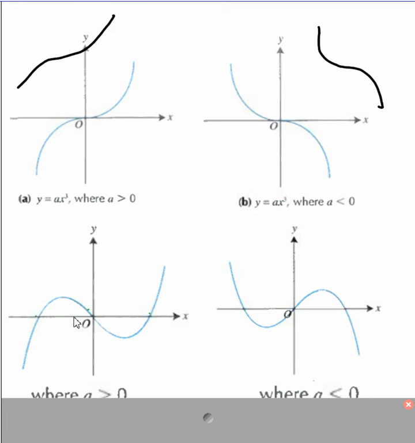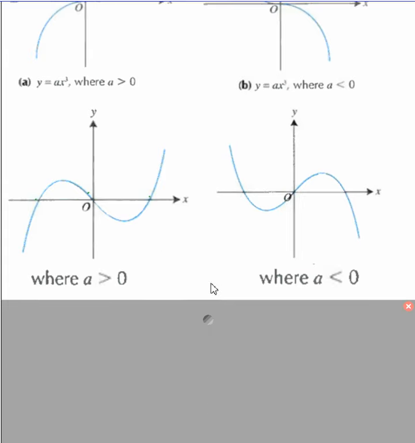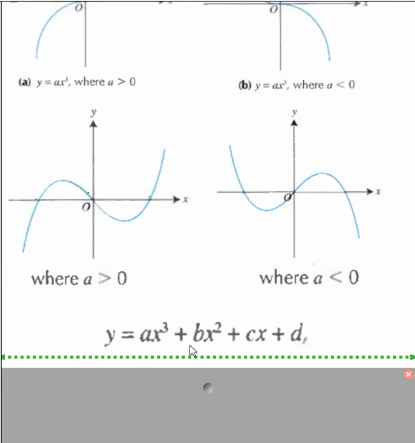Whereas in this graph, it is intercepting at 3 points on the x-axis, here, here, and here. When the coefficient a is positive and the equation is of the type ax^3 + bx^2 + cx + d, it is intersecting at 3 points on the x-axis.